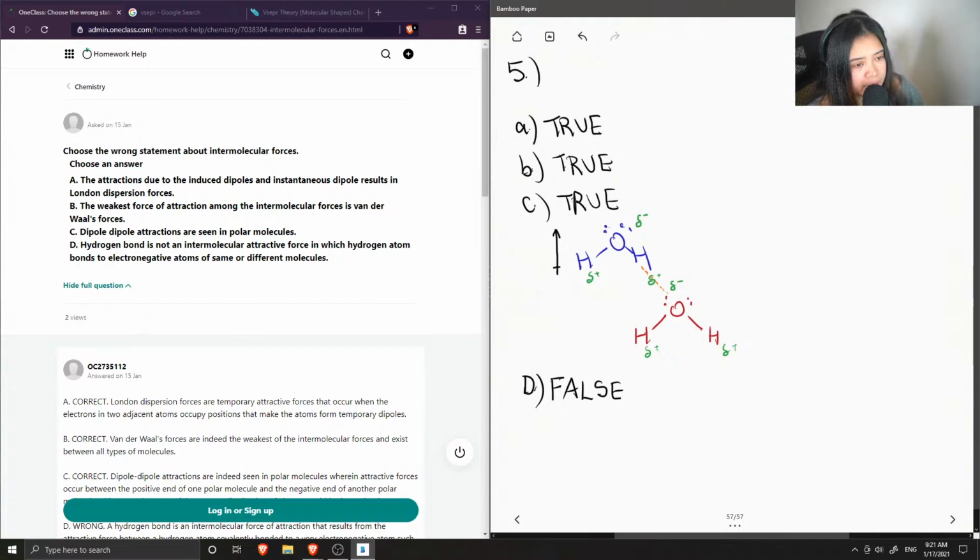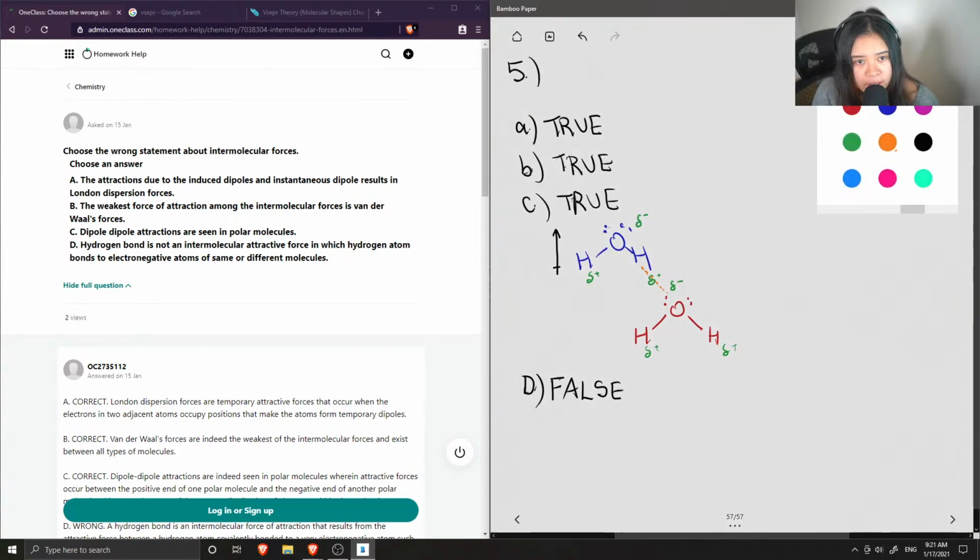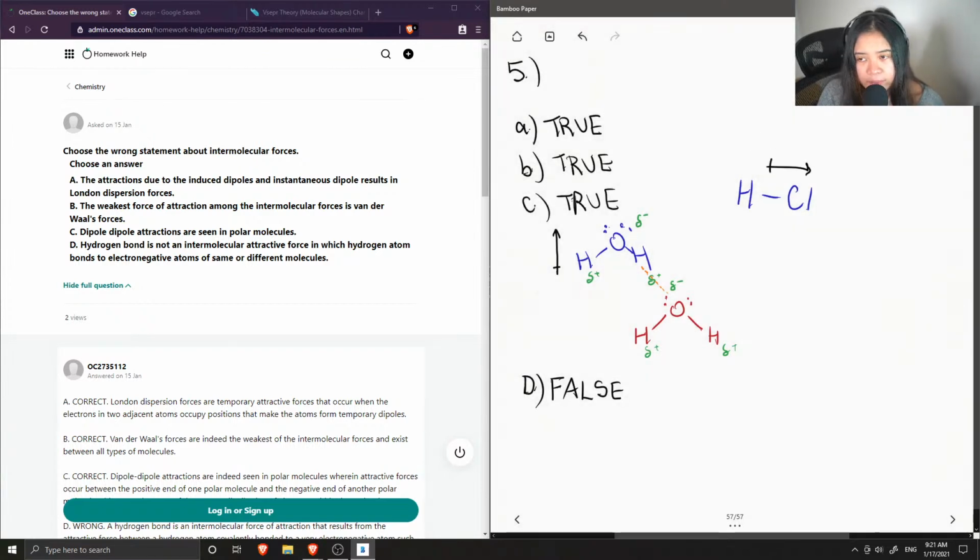So it's important that the hydrogen needs to be bonded to another electronegative atom in order to have that kind of force. Like when hydrogen is bonded to chlorine, again, we'll have a net dipole moment towards the chlorine atom since it's much more electronegative.